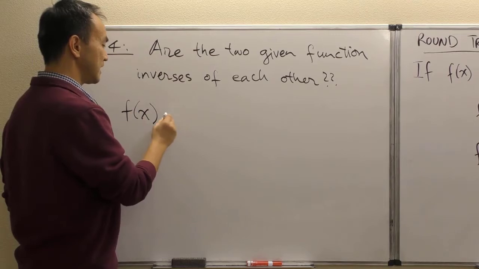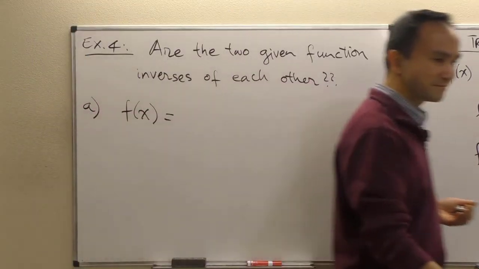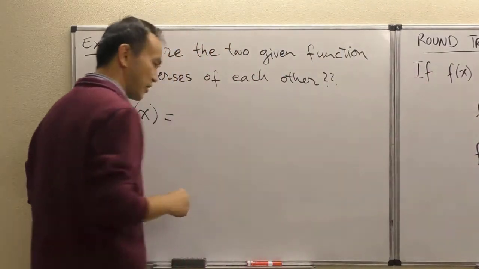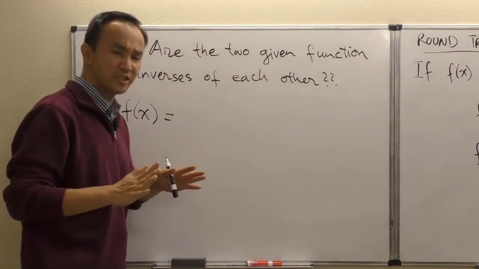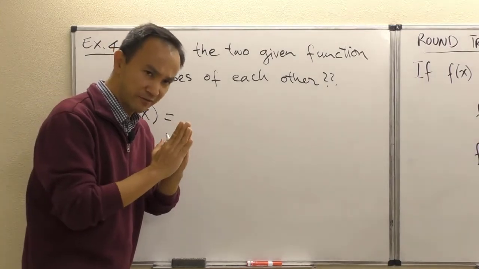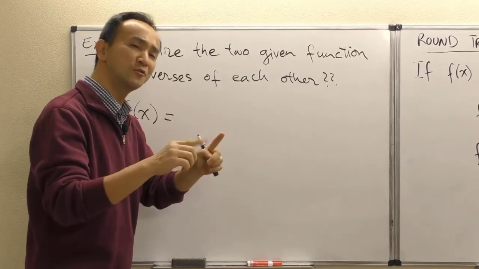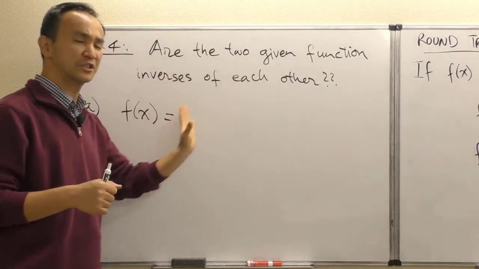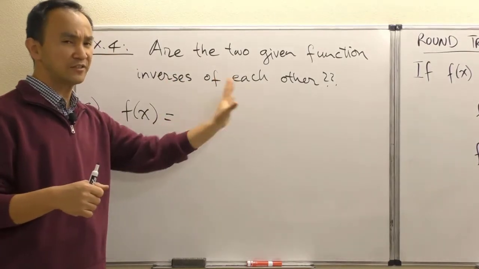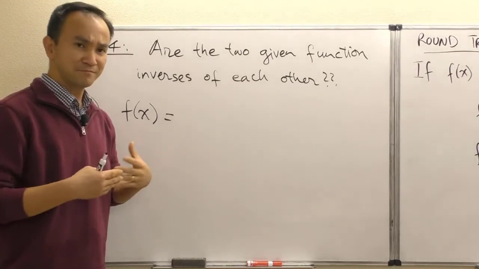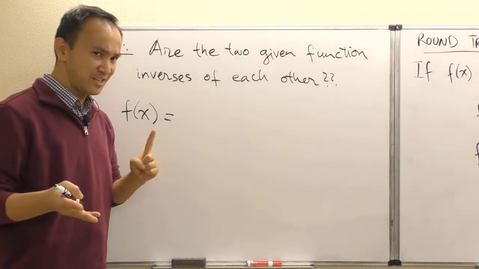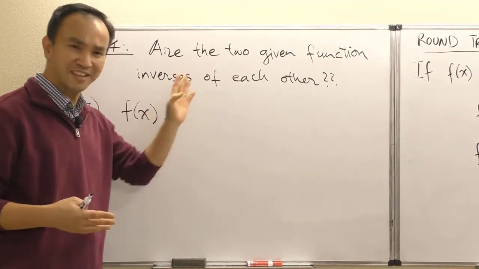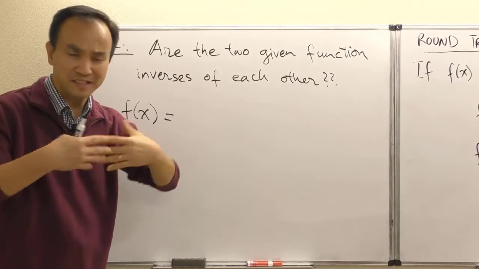So the idea now is that we're going to be given two functions. We don't need to, and that's the point, simply given two functions. We want to find out, according to how the problem is worded, whether the two functions given here are inverses of each other or not. And so in that way, do not expect that they are necessarily f and then f with the superscript -1. They can just be named anything.